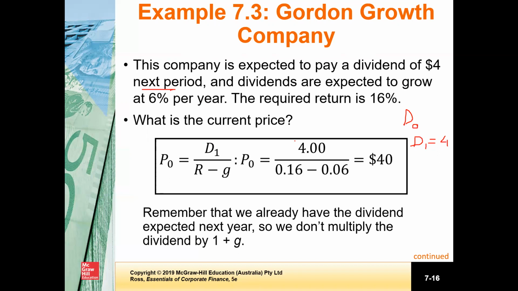So you will straight away use this dividend in the constant growth model. However, if you are given D0, that means the latest dividend, you have to multiply it by 1 plus G to find the expected dividend next year. So this point should be kept in mind.